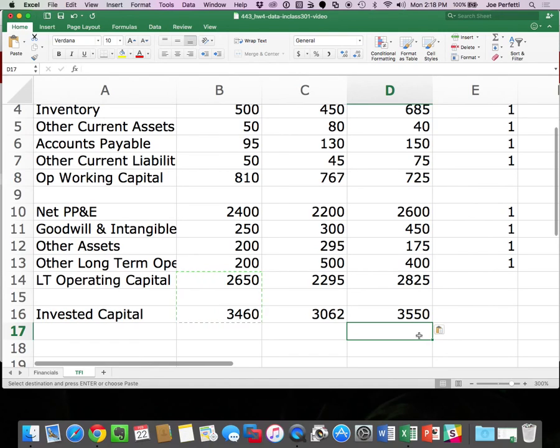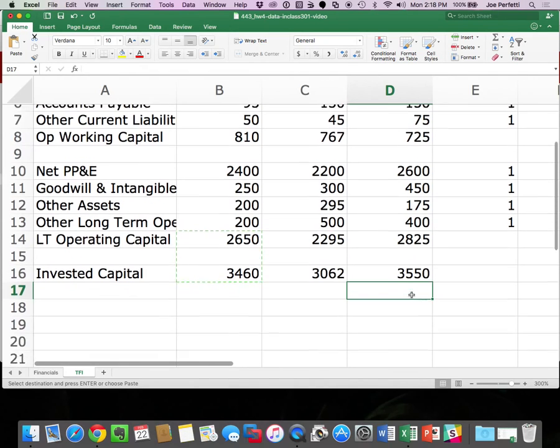Invested capital is the cash tied up in the working capital plus the cash tied up in the long-term capital together is the overall invested capital of the firm. Okay, so I have my long-term capital, I have my working capital, I add the two together. You don't have to do that extra step, but if it helps you understand what's going on, writing in extra lines may not be a bad idea.